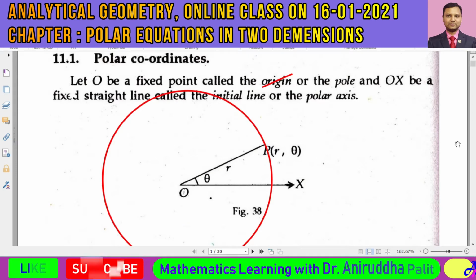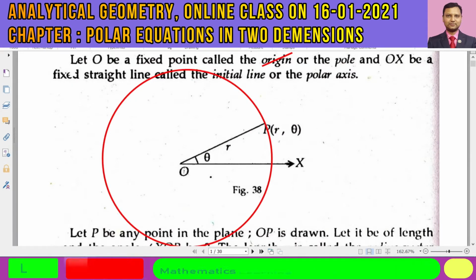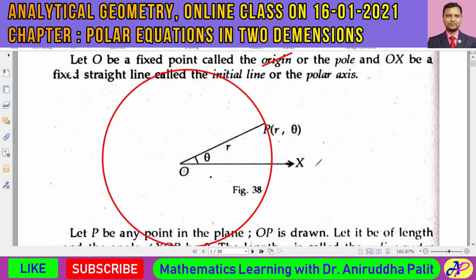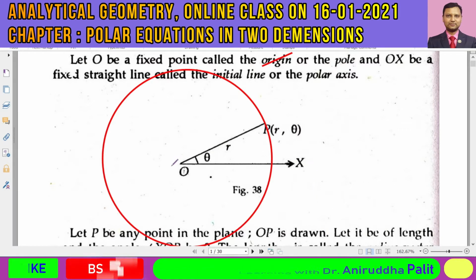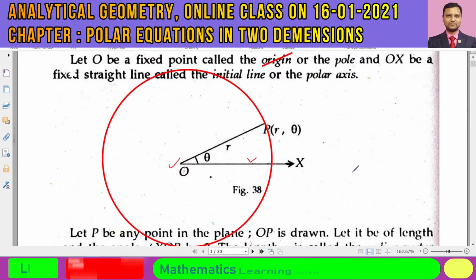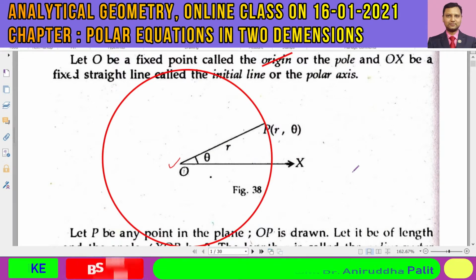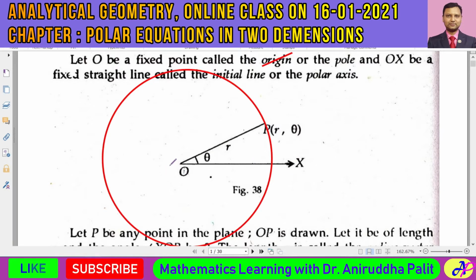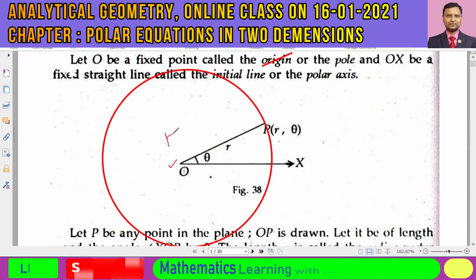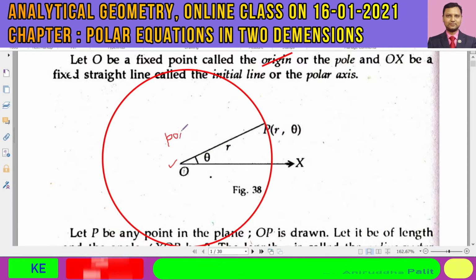Over here, in polar coordinates, we always require a fixed straight line and a fixed point. These are the two requirements with respect to which the position of the point is measured. This fixed point is generally denoted by O. This is called the pole, and this pole is different from the concept of pole and polar.